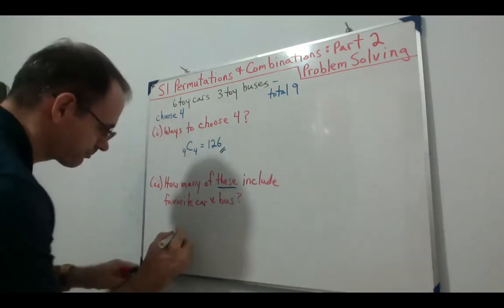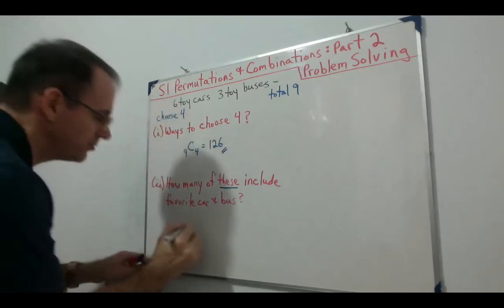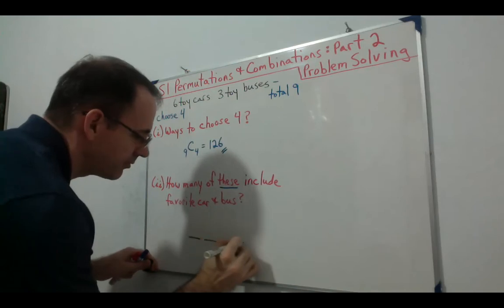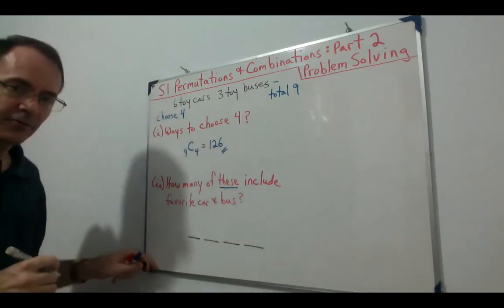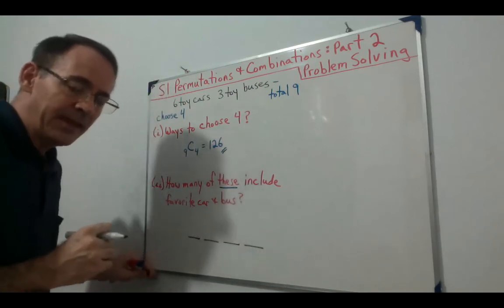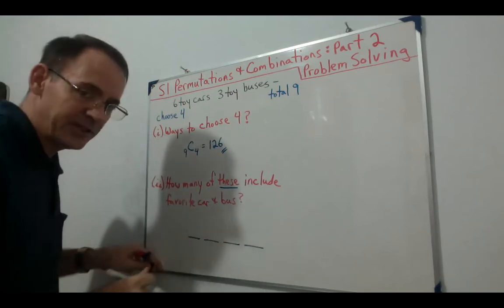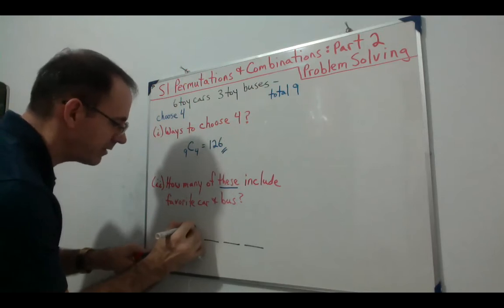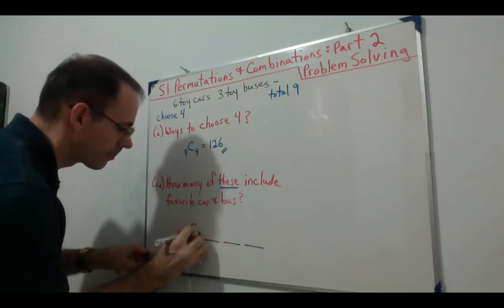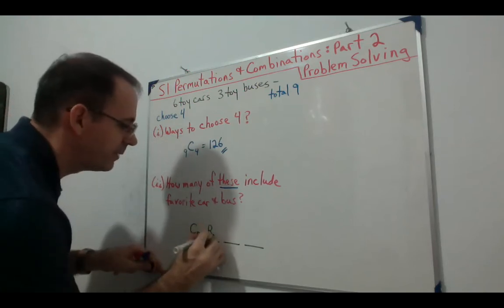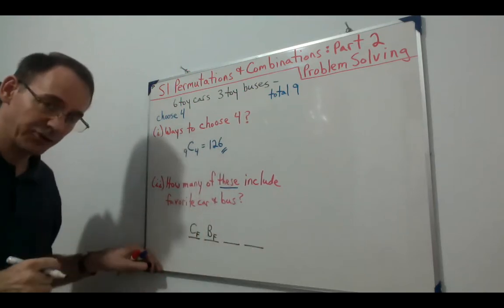So we've got 4 toys chosen here. 1, 2, 3, 4. 4 toys were chosen. And we want to make sure for this question, out of these 4, his favorite car and his favorite bus are in this group.